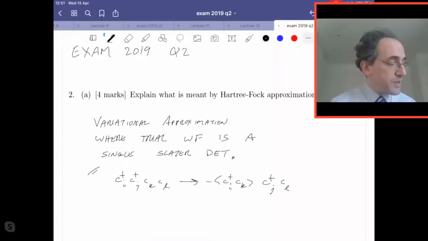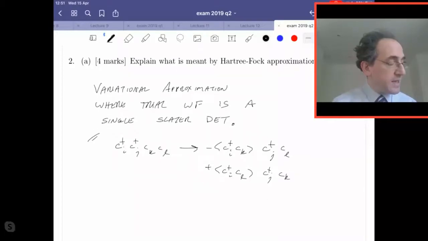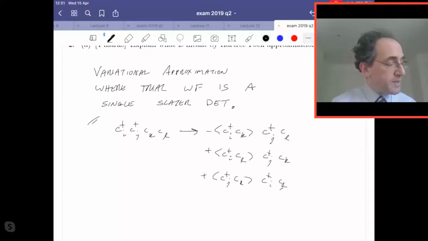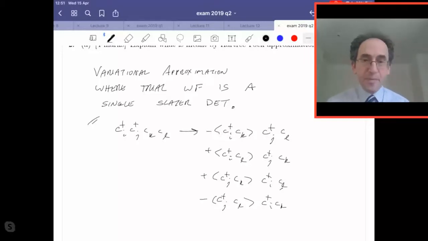Plus, there are 4 such terms: C†_i C_l C†_j C_k, the other way around, plus C†_j C_k C†_i C_l, and the other one that we just missed was minus C†_j C_l C†_i C_k. So making this replacement as a mean field approach also gives you the Hartree-Fock approximation. Those are two possible answers, which are both perfectly acceptable.